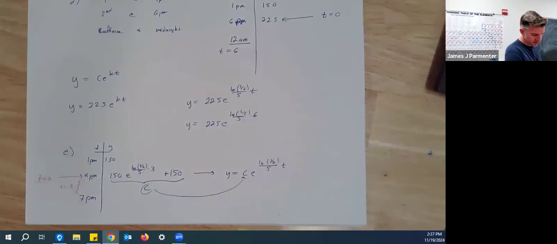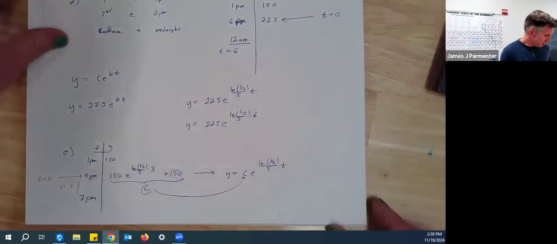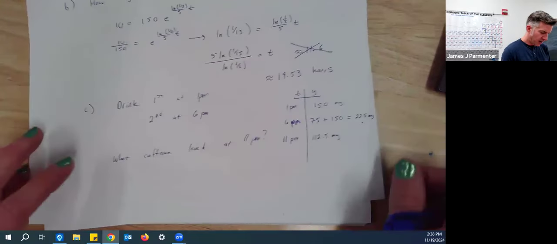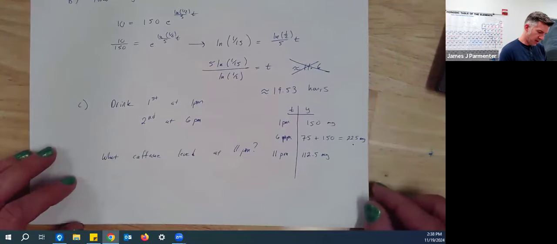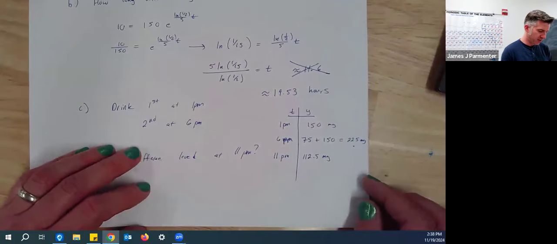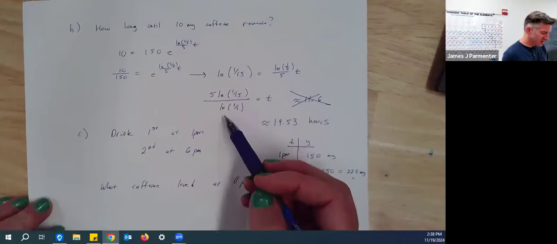The other thing I was going to ask, and this is kind of a typical question I've seen in a lot of web work problems, is if we look back at part B here, which was how long until 10 milligrams of caffeine remain, and we found that it was this time here. That's actually not the question I want to ask.